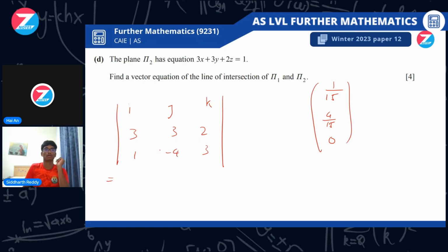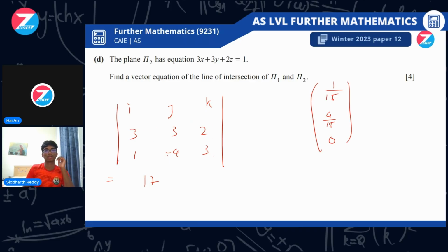So it's going to be AD minus BC. So 3 into 3 minus 8. It's going to be 9 plus 8, 17. And then we have j, 3 into 3 minus 2 into 1.